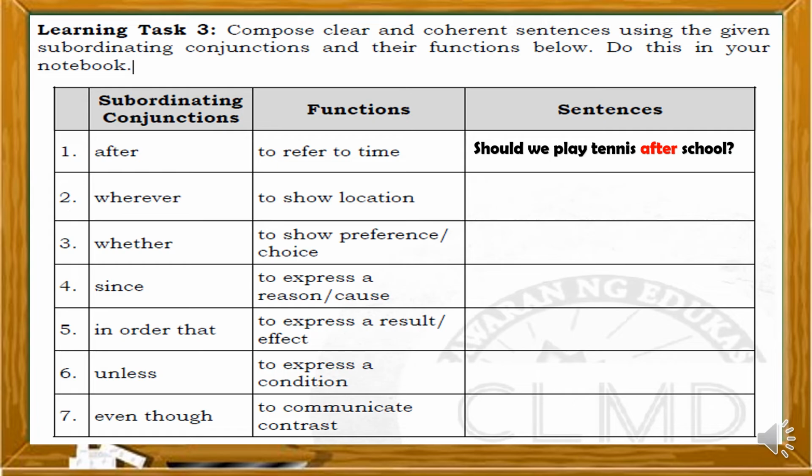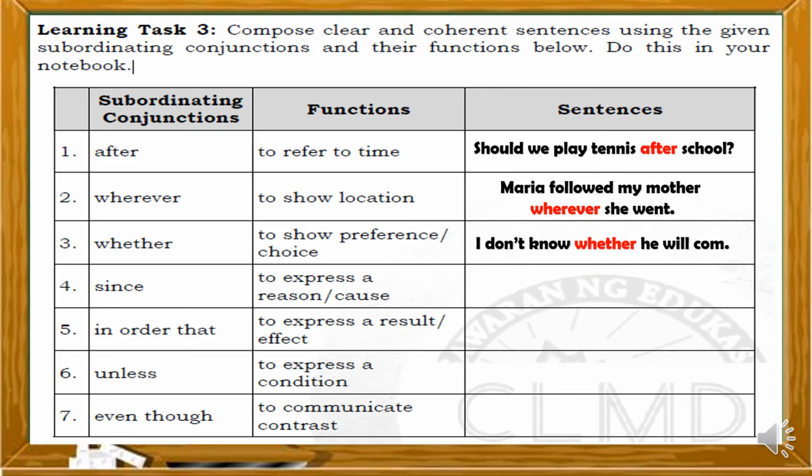But I have here already my answers, but you have to answer on your own. So the first one we have, should we play tennis after school? And number 2, Maria followed my mother wherever she went. Number 3, I don't know whether he will come. And number 4, I haven't been on holiday since last year.